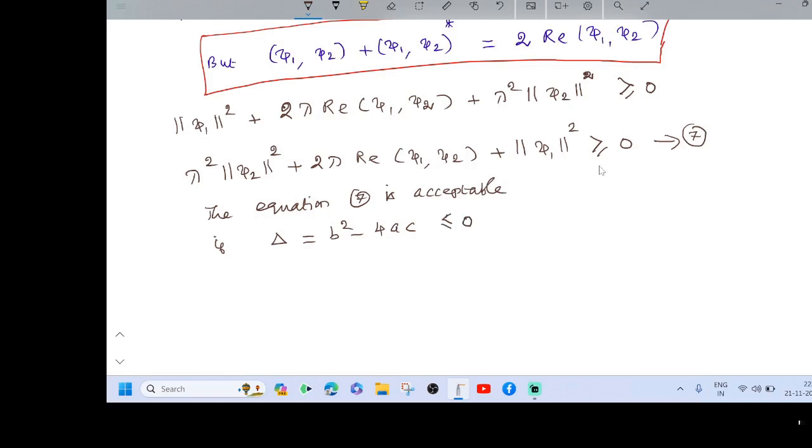Equation 7 is a quadratic equation. This equation in this form 7 is acceptable if the value of b square minus 4ac is less than or equal to 0.